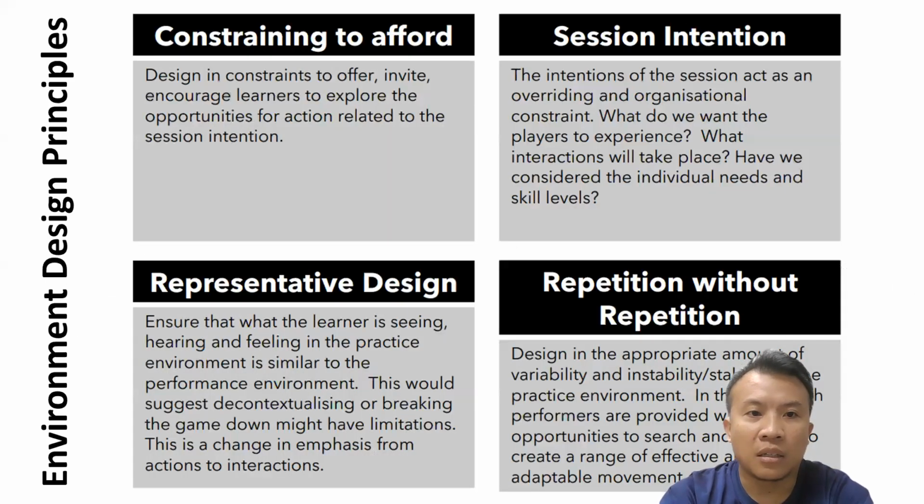Okay, so if you have read the book constraints-led approach, you would be familiar with this environment design principles. So today we're just going to focus on the first one, which is constraining to afford. So basically, we are talking about designing in constraints to offer, encourage, invite learners to explore the opportunities for action related to the lesson objective or session intention.